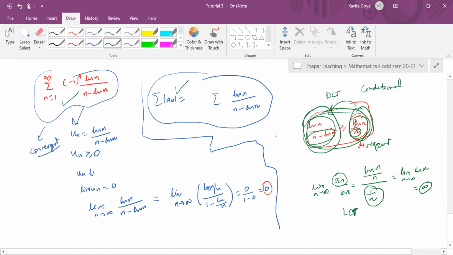Therefore, conditionally divergent. Sorry, convergent, I'm sorry. Conditionally convergent. Ma'am, but it is divergent.